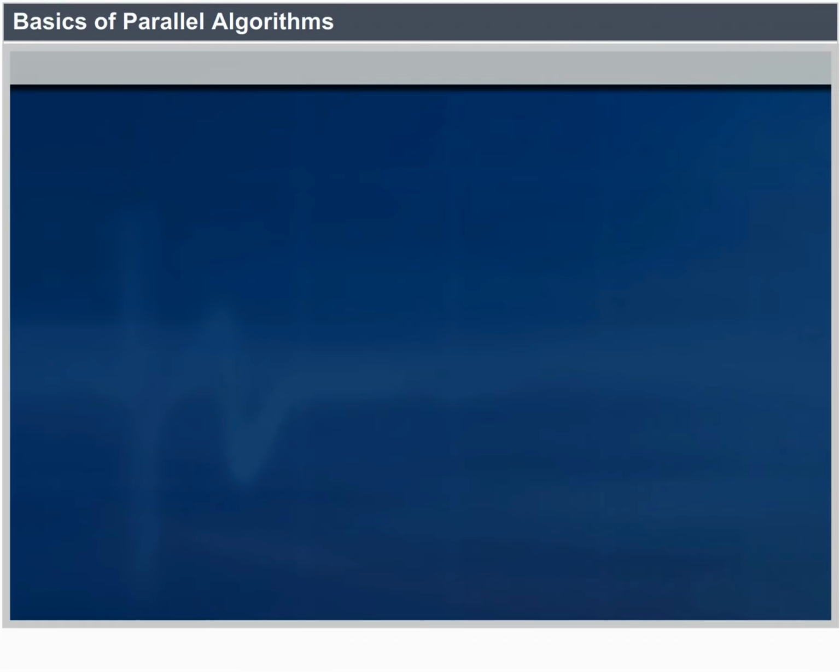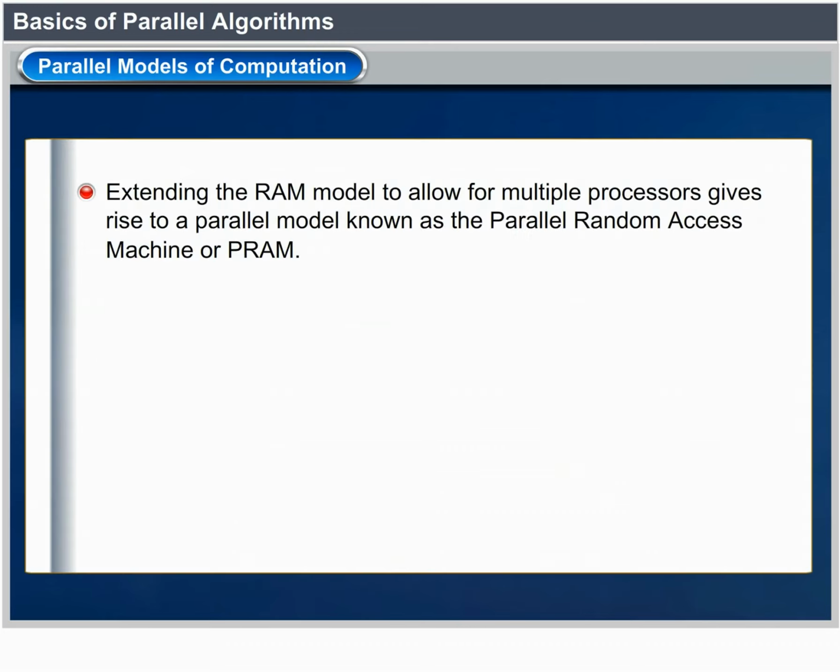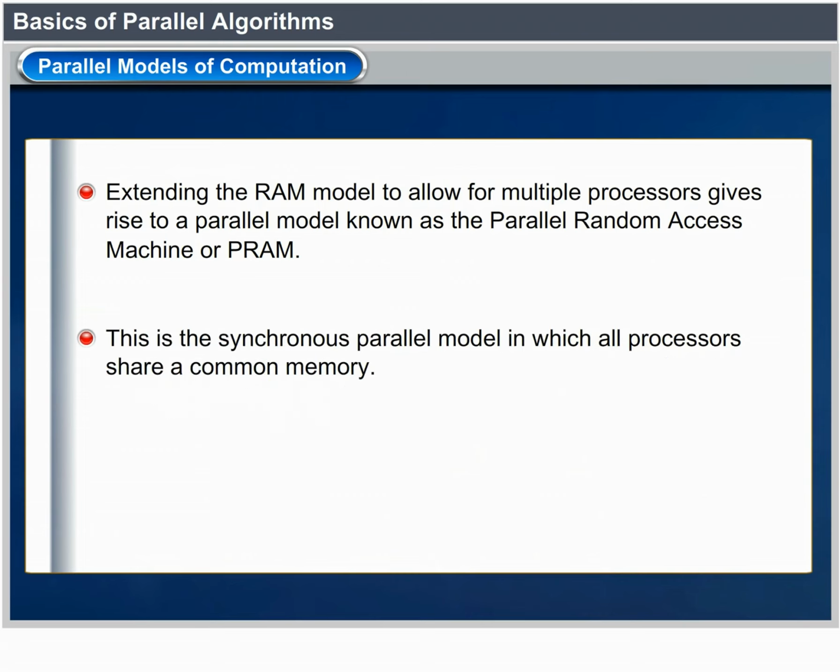Basics of parallel algorithms. Parallel models of computation. Extending the RAM model to allow for multiple processors gives rise to a parallel model known as the Parallel Random Access Machine, or PRAM. This is the synchronous parallel model in which all processors share a common memory.